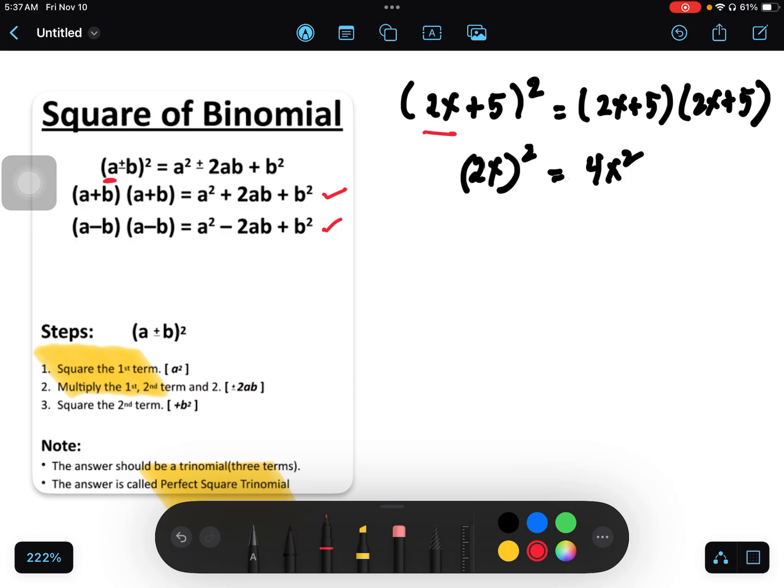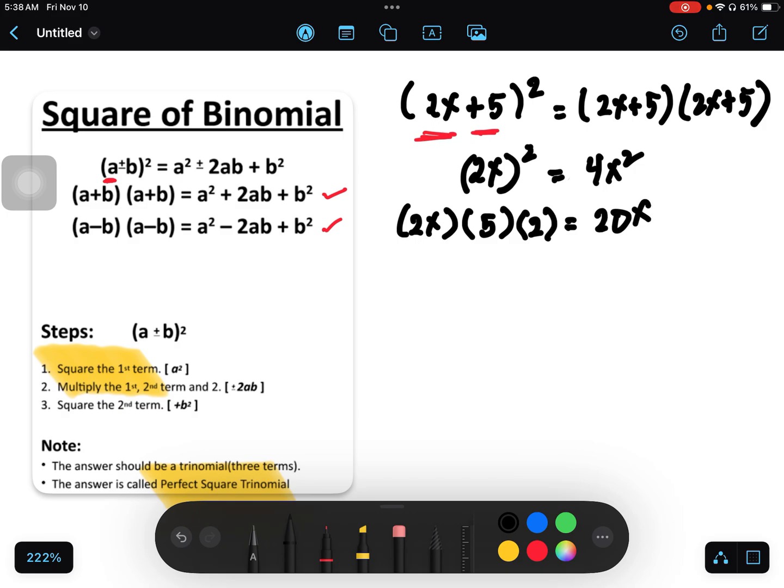Your first term is 2x again, your second term is 5. Following the pattern, you multiply 2x, 5, first and second term, and 2. So the product is 10x times 2, which is 20x.